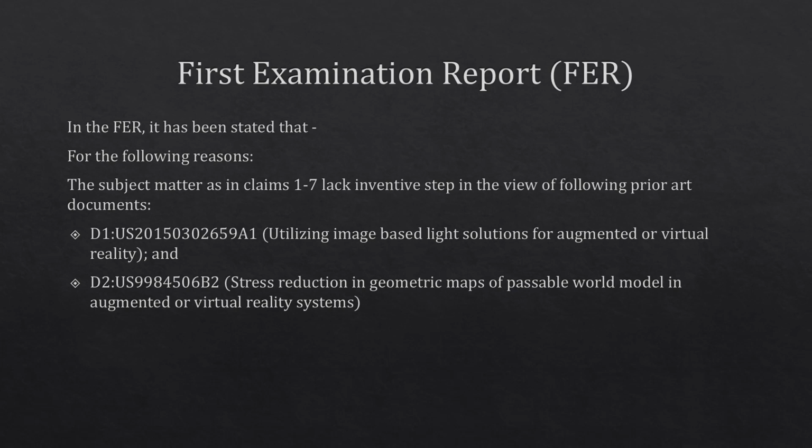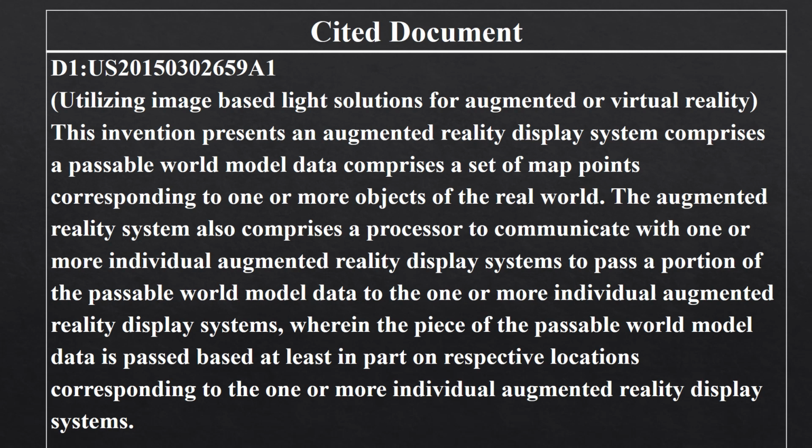These two were the objections raised by the examiner in the FER, that is the first examination report, and accordingly I have submitted the justification to every point that they have raised.